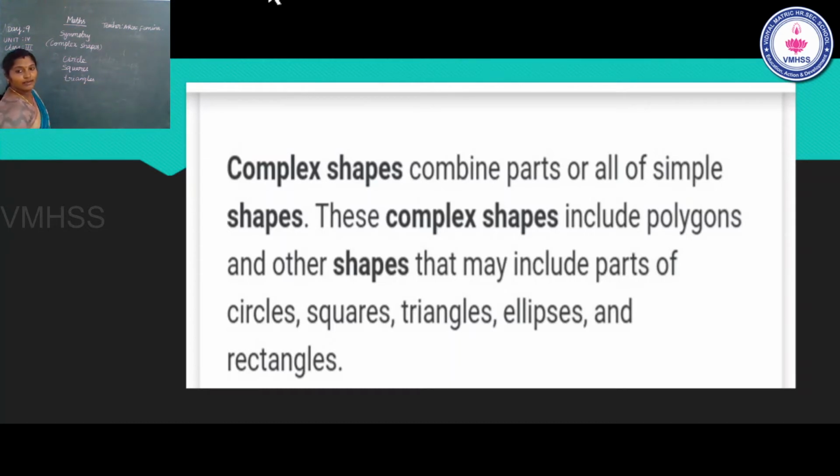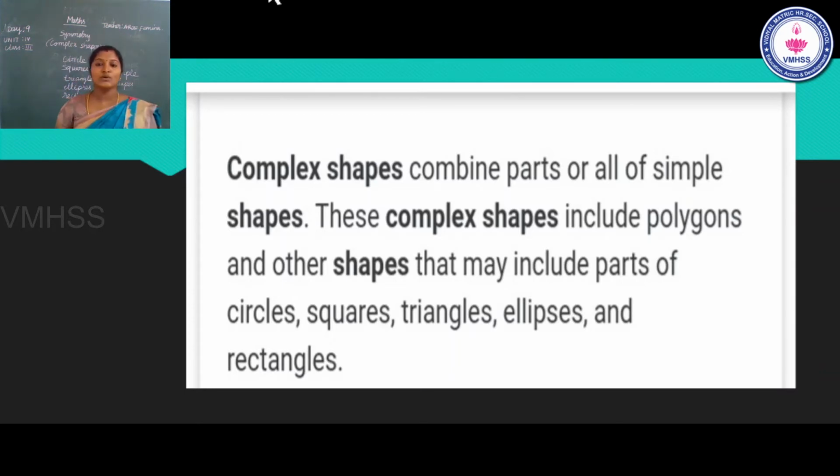Fourth one, ellipse. And last one, rectangle. Okay, ma. These are the main shapes, and all are simple shapes.